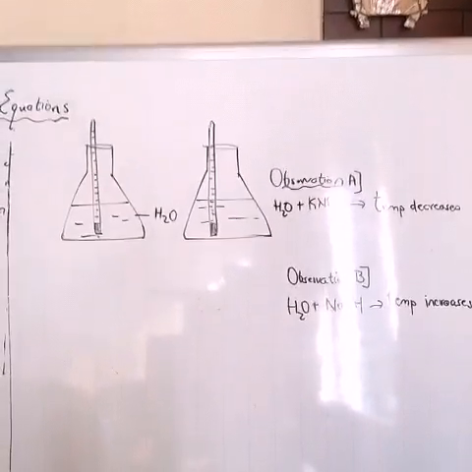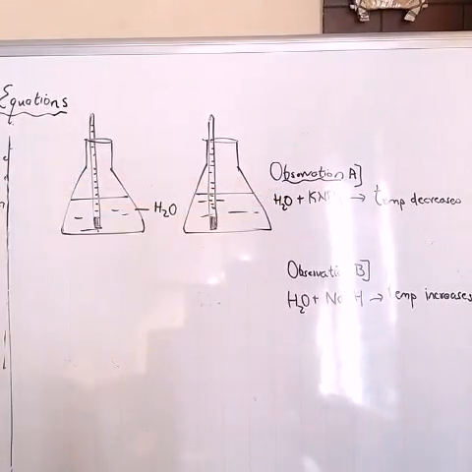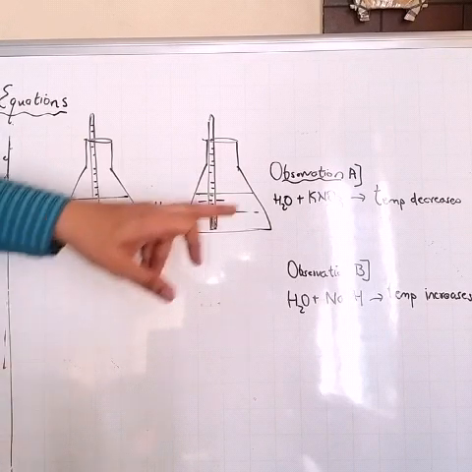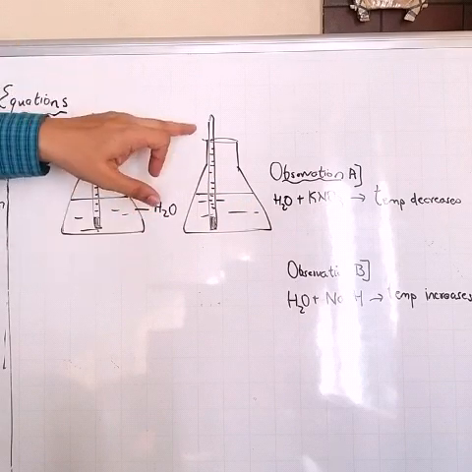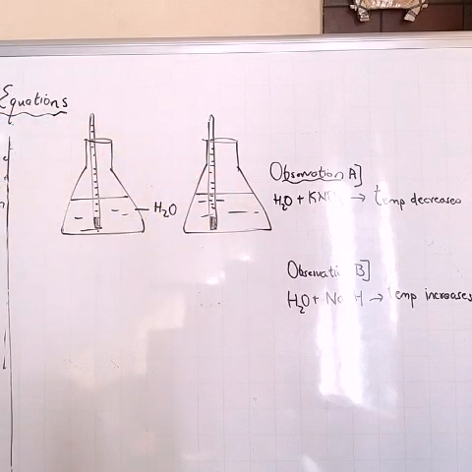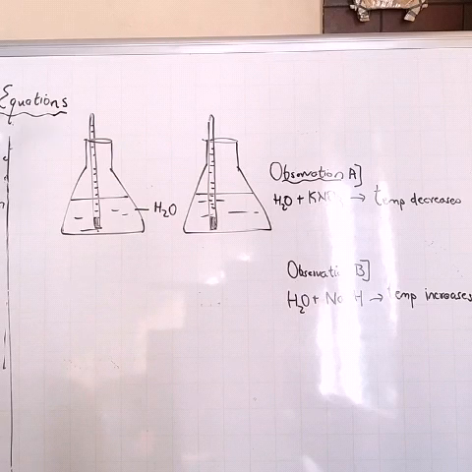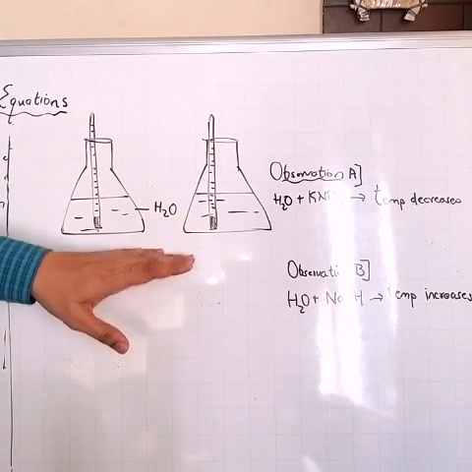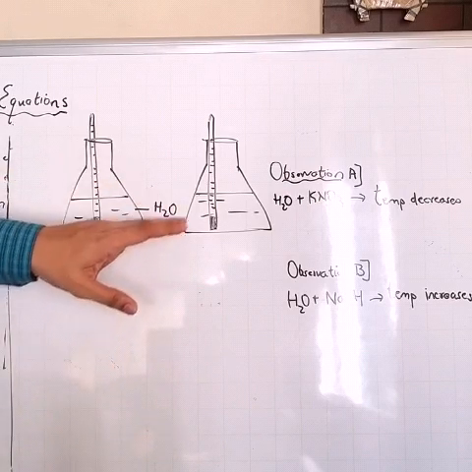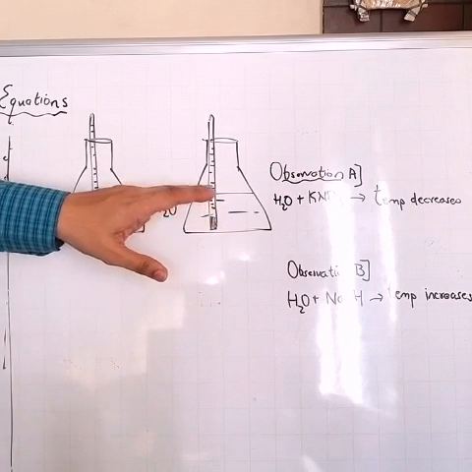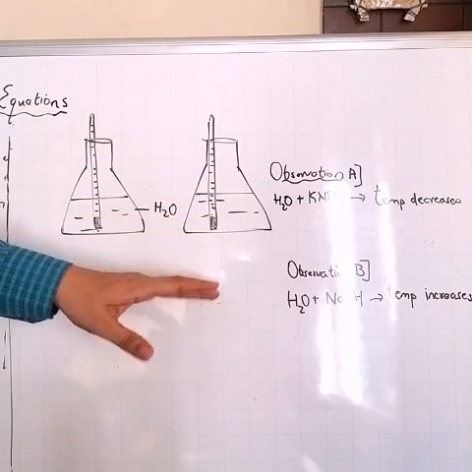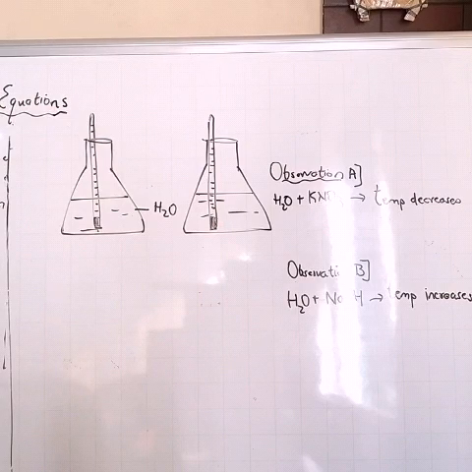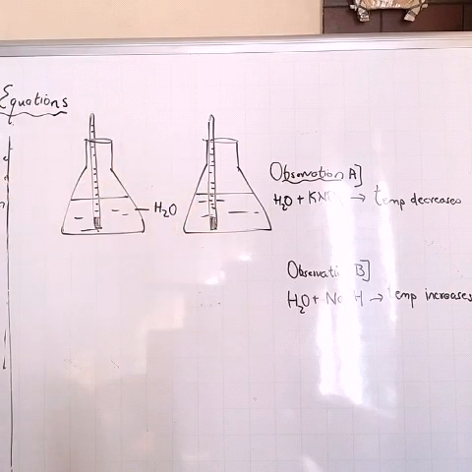In the 10 ml of water, I add 5 grams of potassium nitrate, stir it, shake it, and then put the thermometer and note down the temperature. The same procedure is repeated with another flask with addition of 5 grams of NaOH, and again stir it, shake it, and note down the temperature of the mixture.